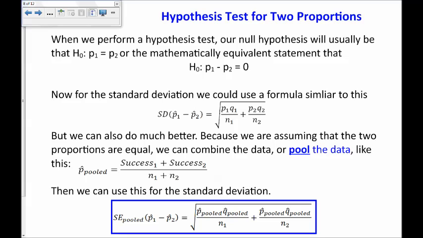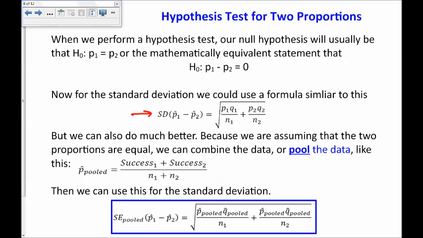We could use a standard deviation equation like the one we used just a minute ago for the sampling distribution, but our null hypothesis will be that the two proportions are the same. And so what we need to do is pool the data together, meaning combine them together as we do our calculations. We're doing it based on the assumption that the two proportions are equal.